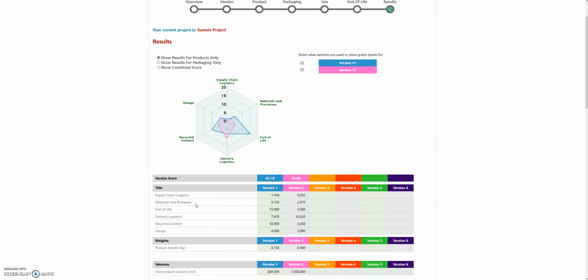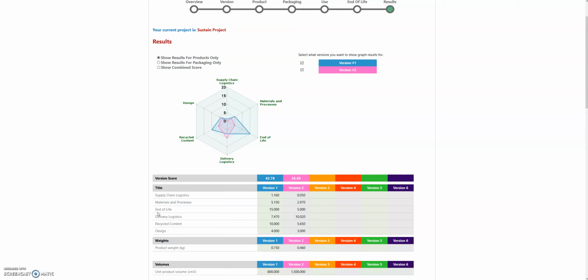Materials and processes again looks at the types of materials you have in your product, the carbon content of those materials, etc., etc. So a number of issues, and that gives you a score between 1 and 20. End of life considers how many different types of materials are in the product, whether they are easy to take apart and separate, and what you specify in terms of the end of life route for each of those materials.